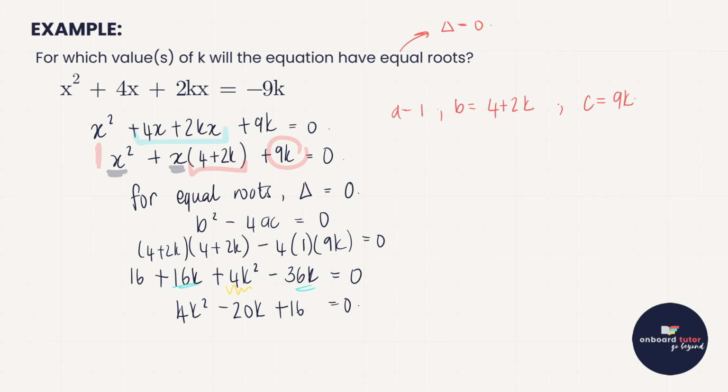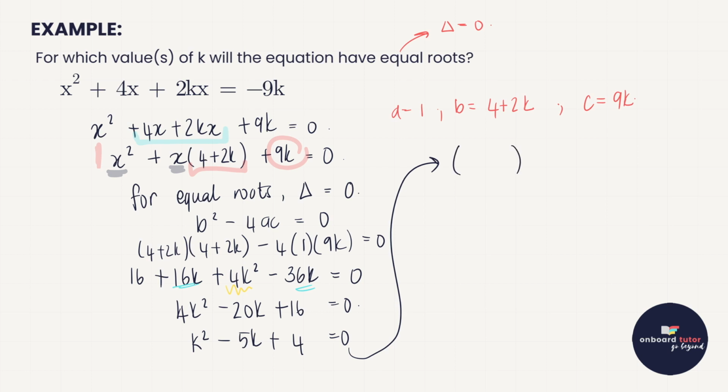And now, just looking at it, I can see that each of these terms is divisible by 4. So that's going to make my solving a lot easier. So 4k squared divided by 4, minus 20k divided by 4, 16 divided by 4. There we go. And now, let's just carry on up here so we don't have too much of a space problem. So we've got k squared minus 5k plus 4 must equal 0.